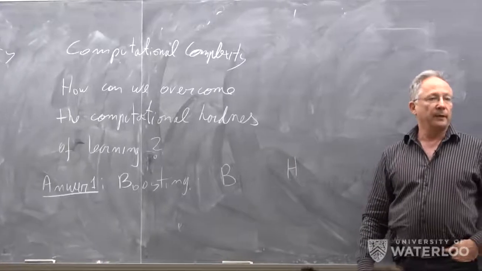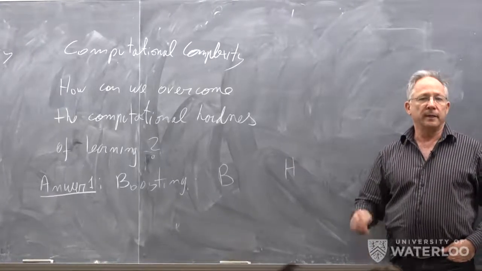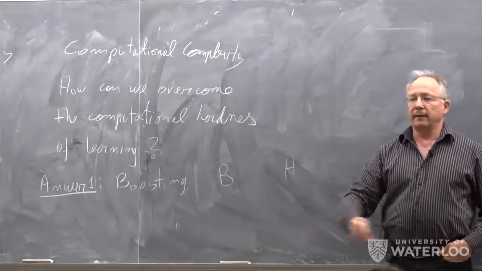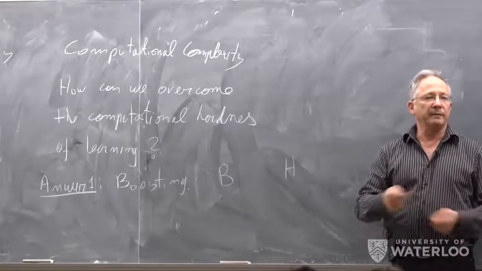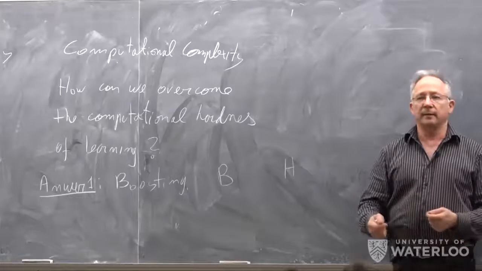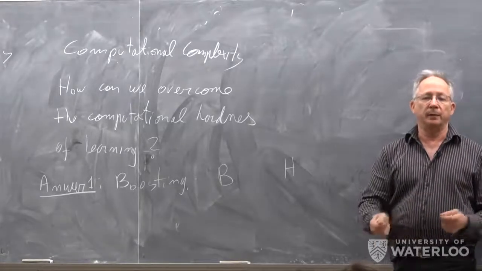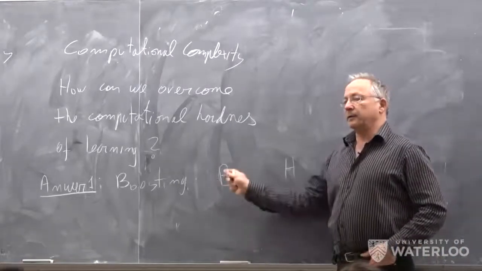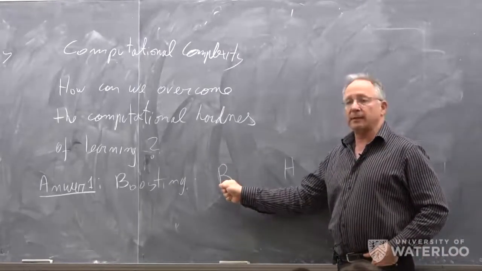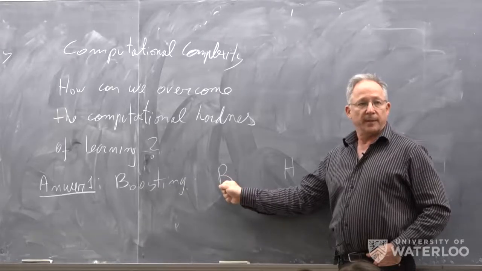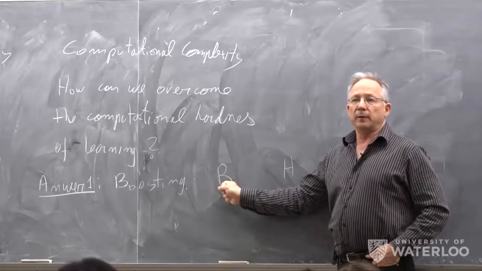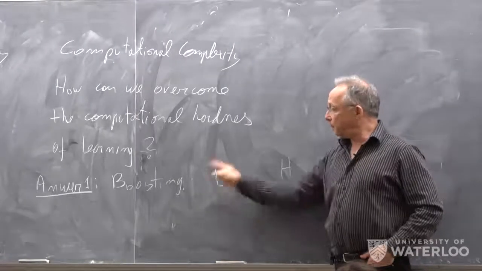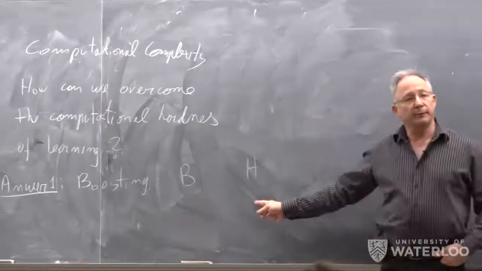If for our data, no matter how I weigh the sample, I can always get a gamma weak learner, so with just picking classifiers from the limited class I can always get error which is bounded away from half, then combining them together will give me a good classifier for H.